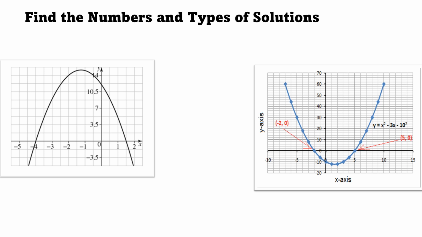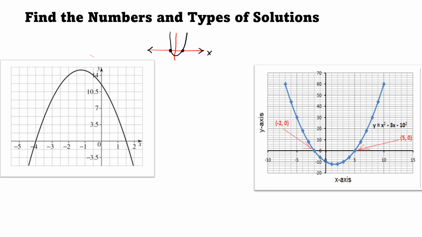Using the graph, you have to tell the number and the type of solutions. Now, keep it in mind before we solve the question: in a graph, if a quadratic equation touches the x-axis, this is the x-axis, right?